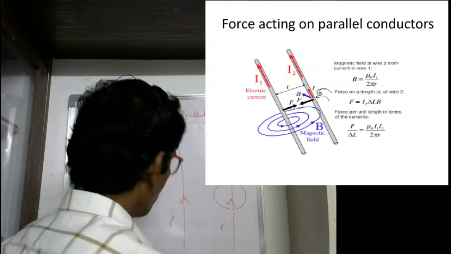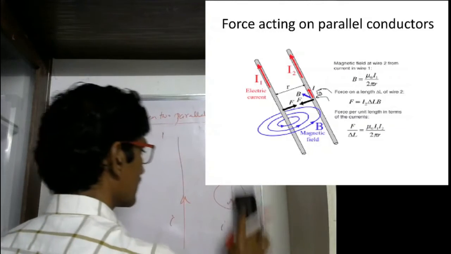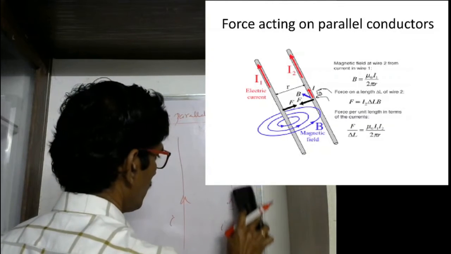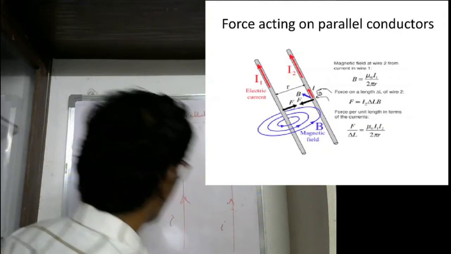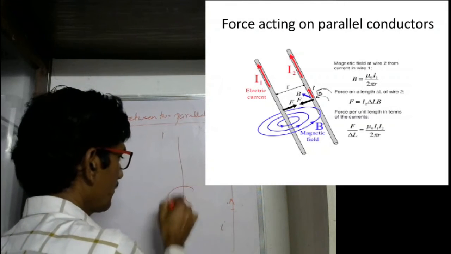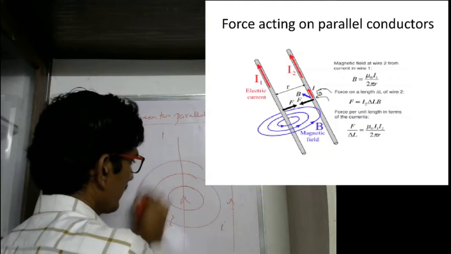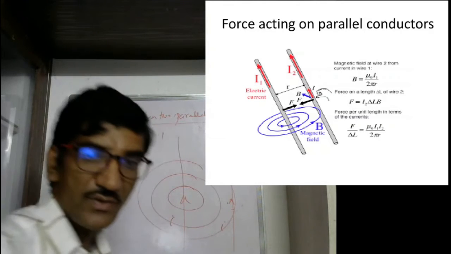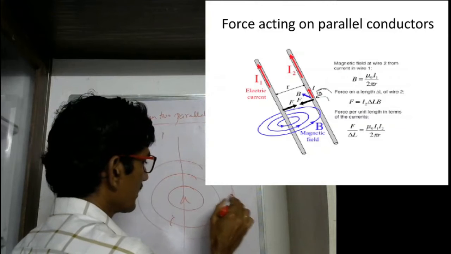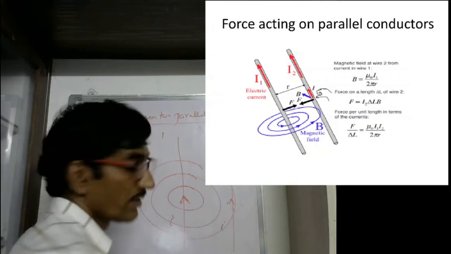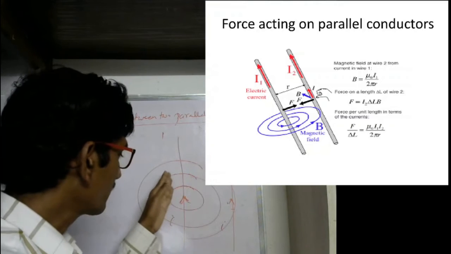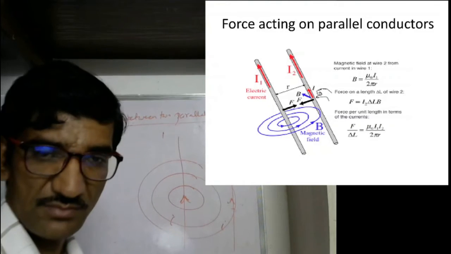Let us consider the first wire as a source. Due to the current flowing in conductor 1, you have magnetic field lines like this. We are placing conductor 2 in the magnetic field induced by conductor 1.